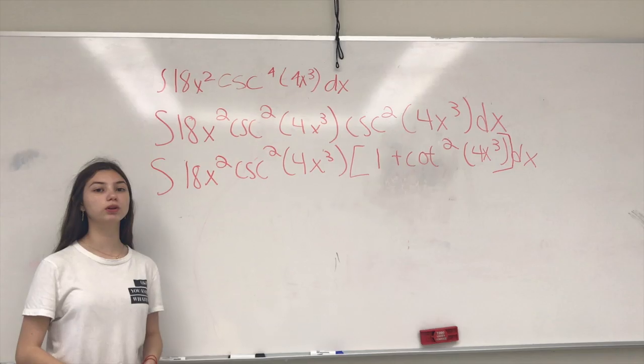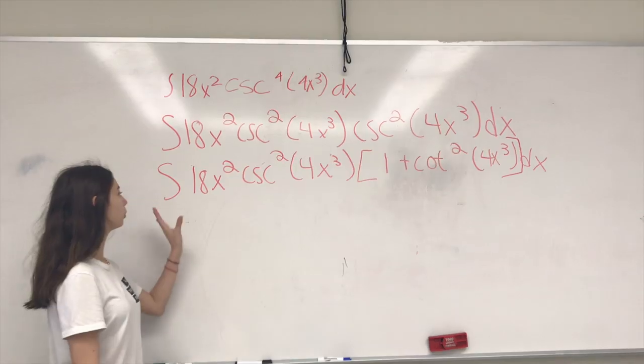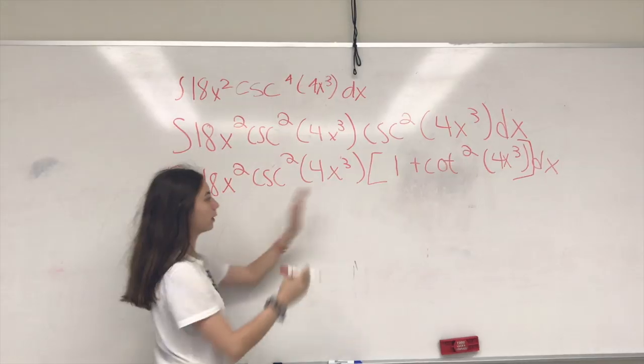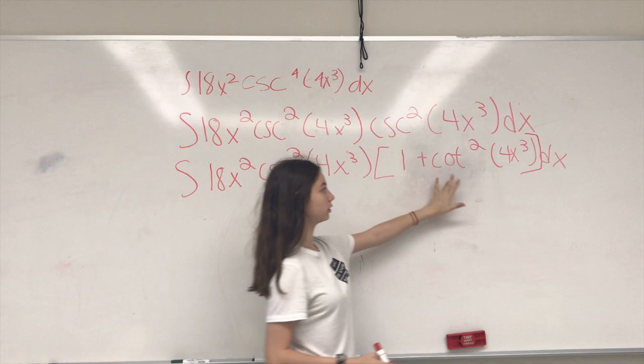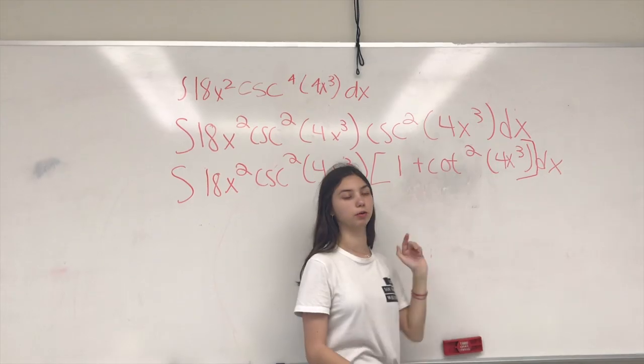The next step we need to do is multiply by distributive property, meaning we will multiply all of these first by 1 and then by cotangent squared of 4x cubed.